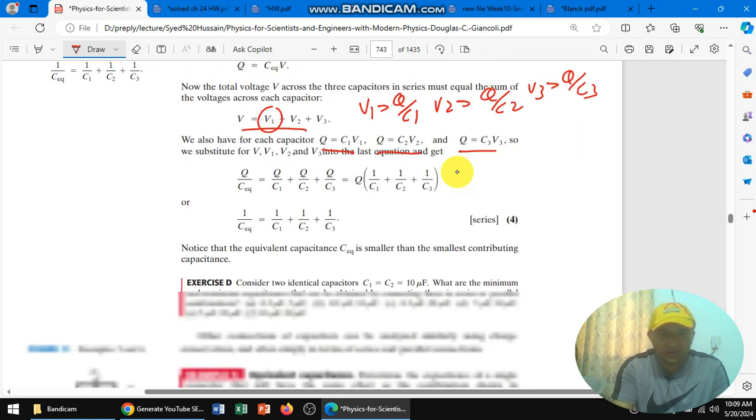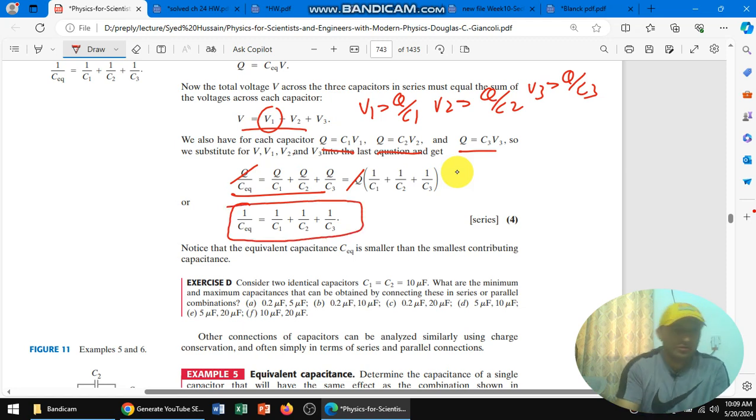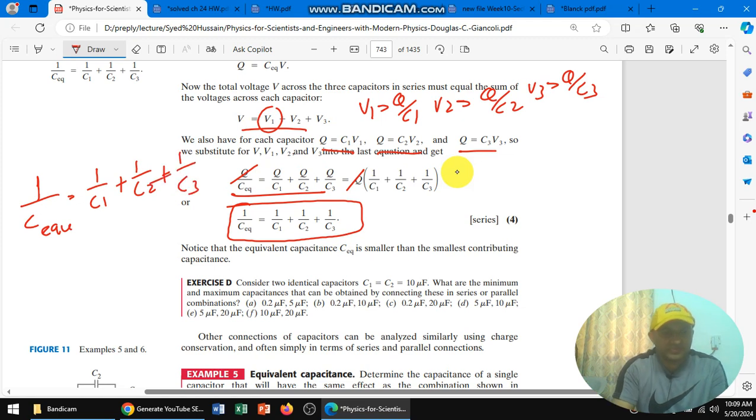Now we are left with Q over C1 plus Q over C2 plus Q over C3, and the total is Q over C equivalent. If we take Q common, Q will be cancelled. So we are left with 1 over C equivalent is equal to 1 over C1 plus 1 over C2 plus 1 over C3. So this is the total capacitance.